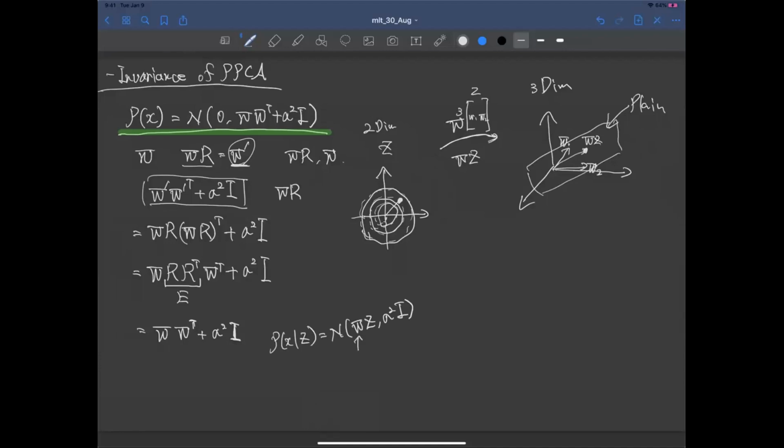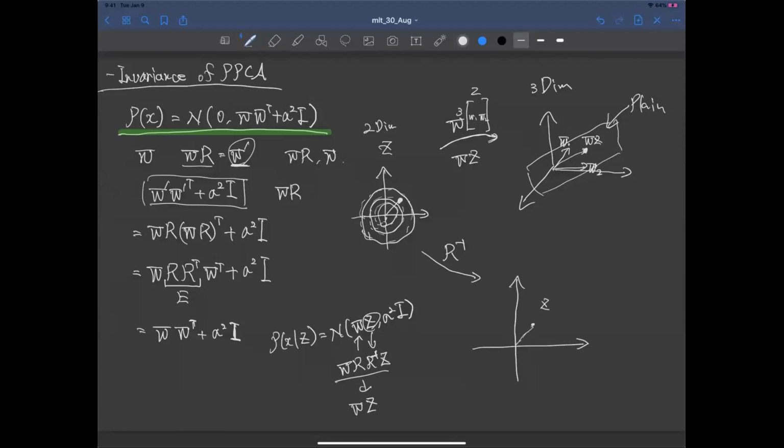Therefore, if W changes to WO, then Z is changed to R inverse Z, the inverse matrix of R times Z. So that's why this is again WZ. This is the original Z.